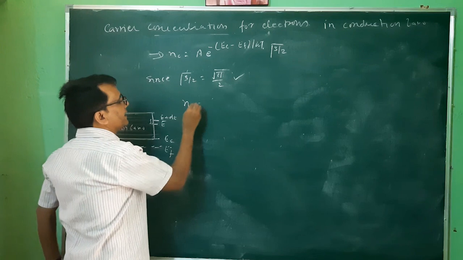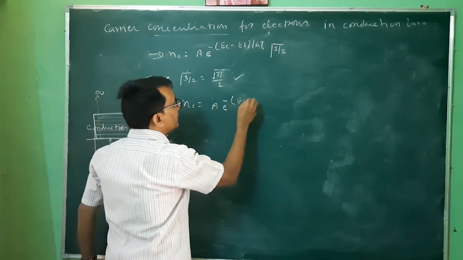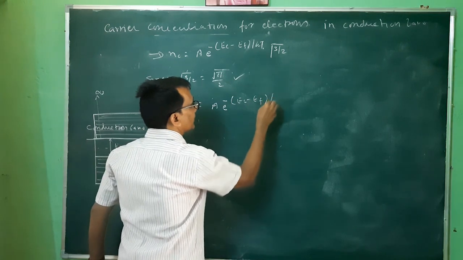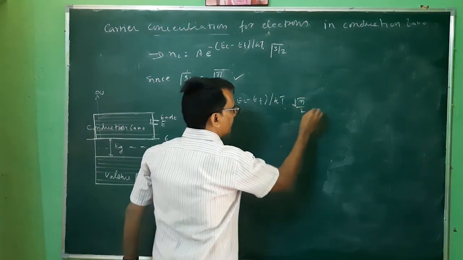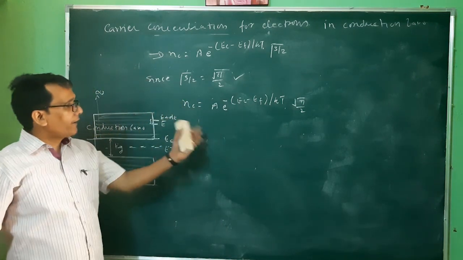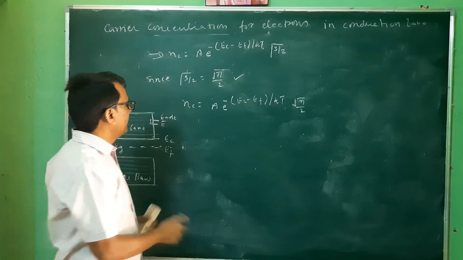And the final term we will have for this Nc will be equal to A exponential of minus (Ec minus Ef) by kT multiplied by root pi by 2. Now we will rearrange this function by putting the value of A here.